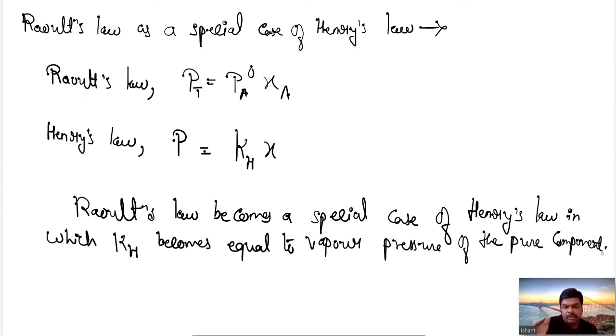In Henry's law it is the solute, and in Raoult's law it can be the more volatile component, or the sum of the partial vapor pressures of the two components present in our solution, where all the components are volatile. So this is our Raoult's law relation with Henry's law.